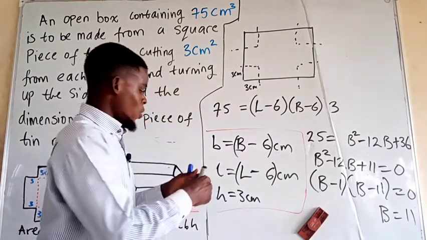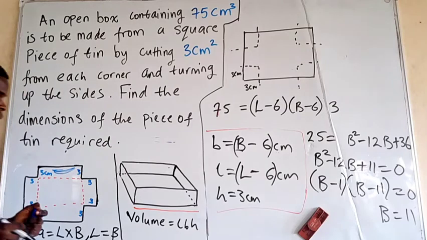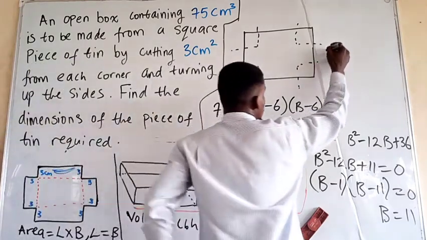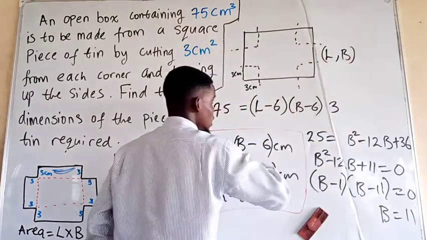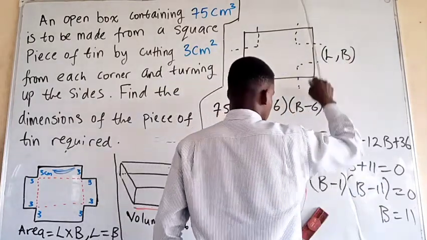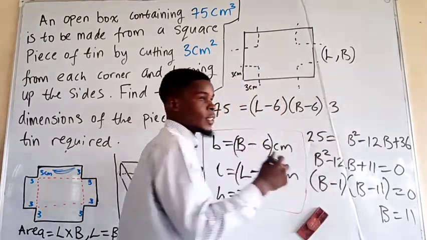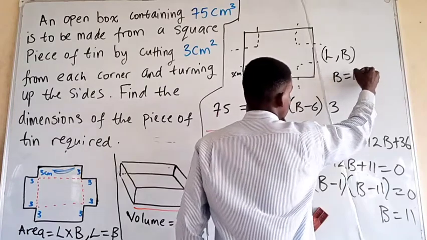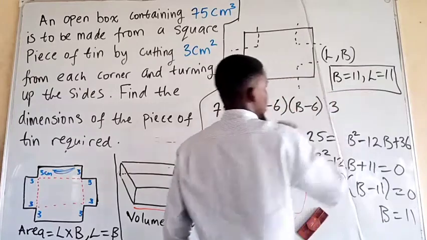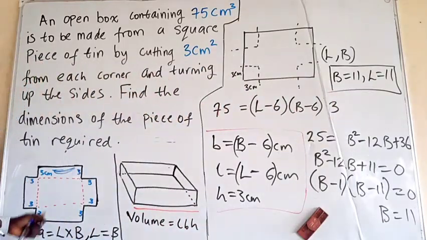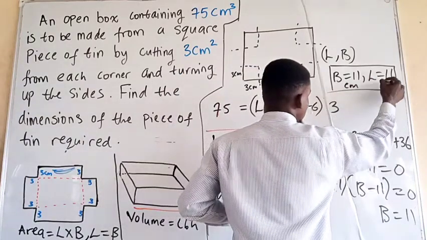So all in all, we can now conclude that the dimensions of the piece of tin required are going to be, let's just put it down as length and breadth. The length over here is the same thing as the breadth. So if the breadth is 11, then the length is also 11. So these are the dimensions of the piece of tin. Remember to put centimeters for each of them.